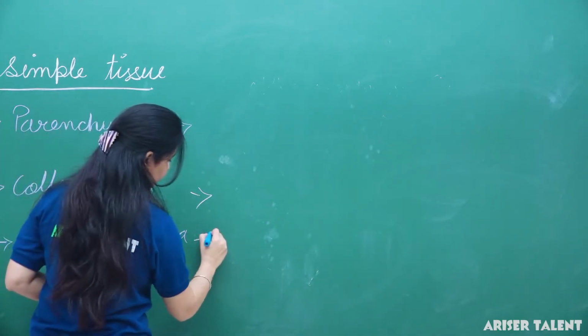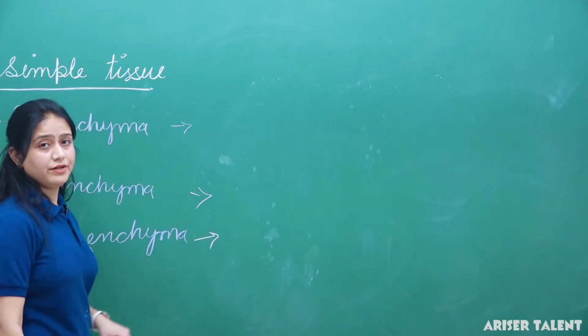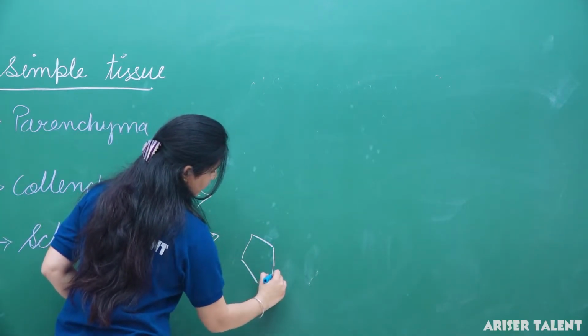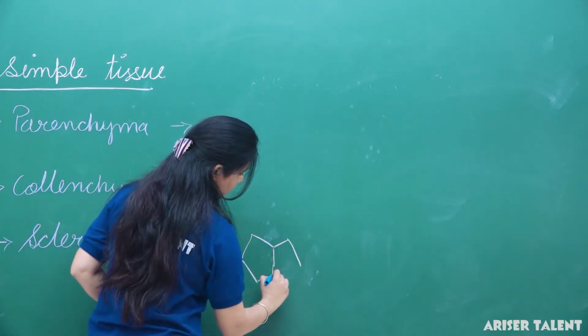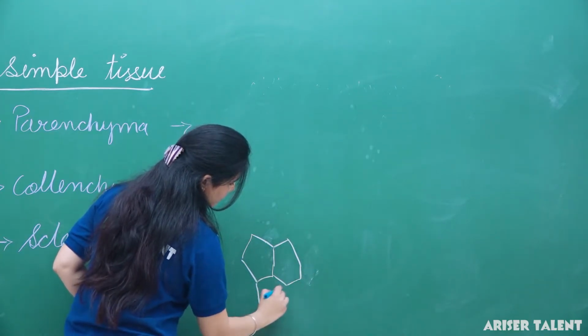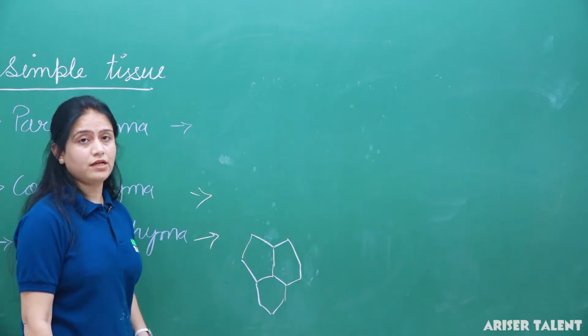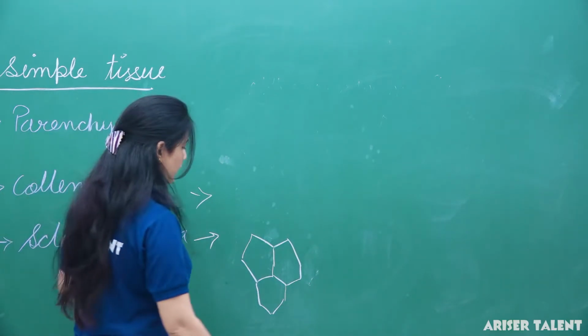Sclerenchyma cells do not have any intracellular space. They are packed closely, but their cell wall is thick because of the deposition of lignin.